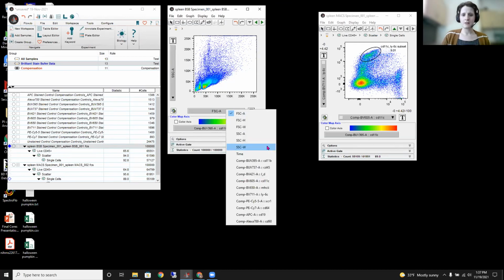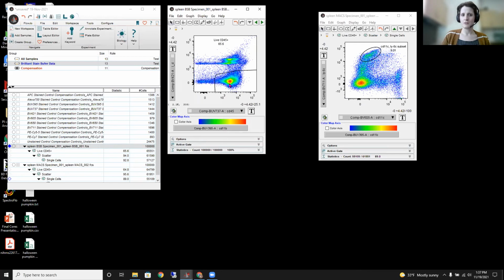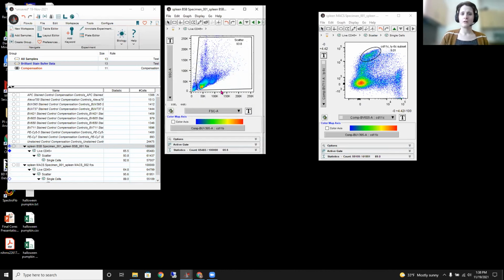And I'm going to look at our CD45 versus our live dead. Okay. We can see that's resolving very well. I can make any adjustments if I need to, but it's really the same sample that was split up. So it should be pretty much the same, which it is. We see our scatter exactly the same, right? Or as close as possible as it could be.